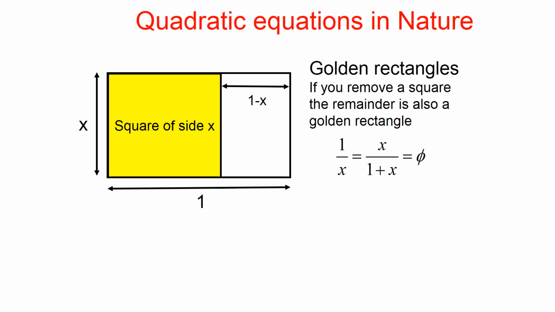So this equation, when 1 over x is equal to x over 1 plus x, means that the rectangle obeys this rule: whenever you put a square in it, the rectangle that's left over is always the same shape. Different size, but same shape. That equation describes that rule. And it turns out that 1 over x is a specific number.